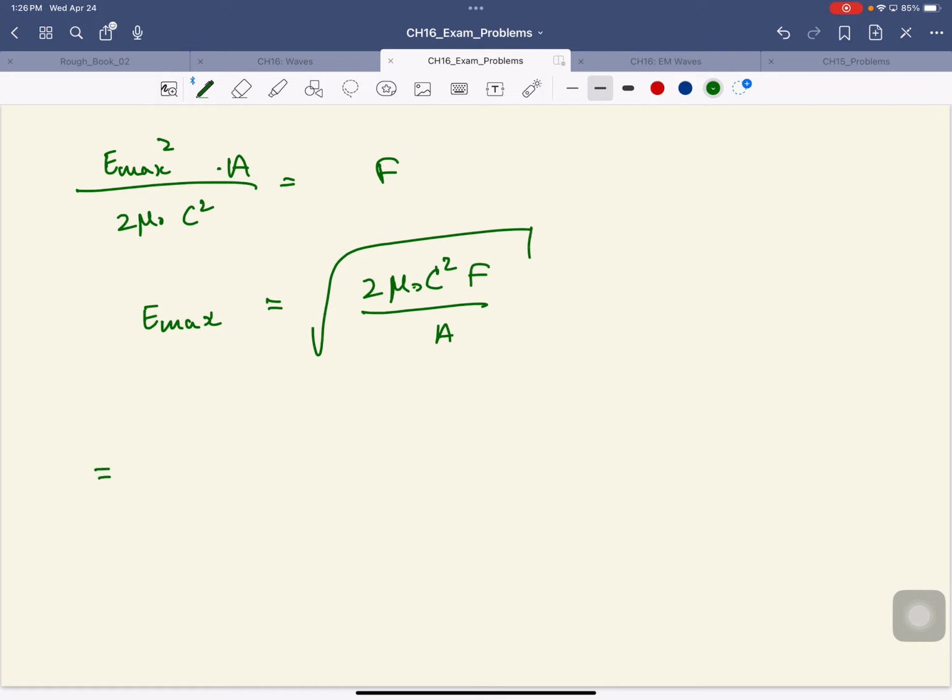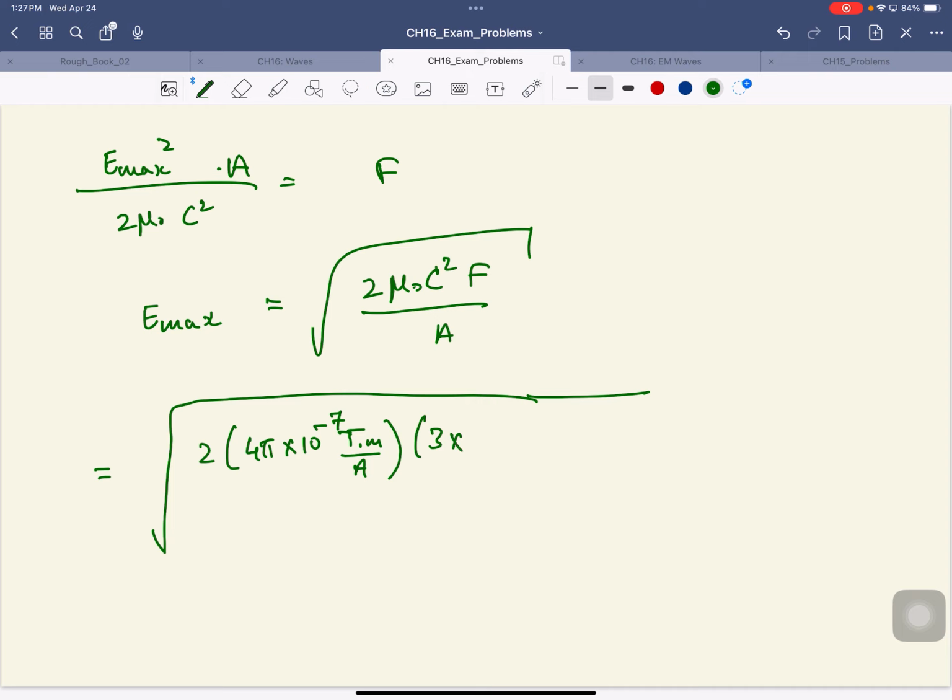Okay, so the amplitude of the electric field in the beam stopping the particle is given by that. So let's put in that information. 2 mu naught. Mu naught is 4 pi times 10 to the minus 7 tesla meter per amp.